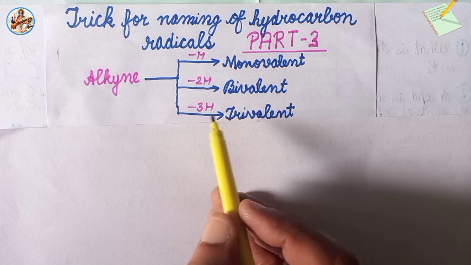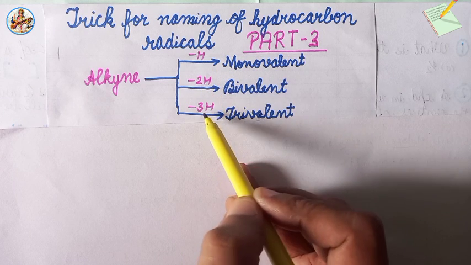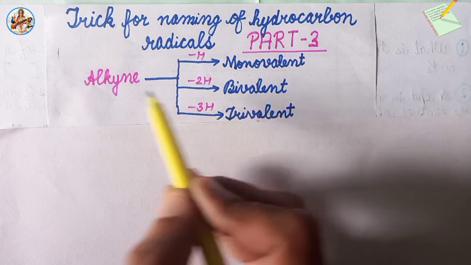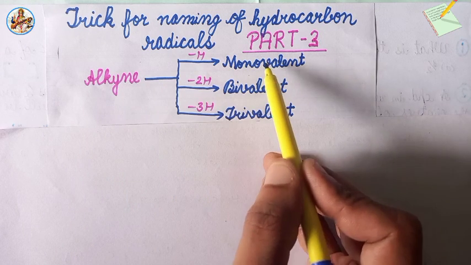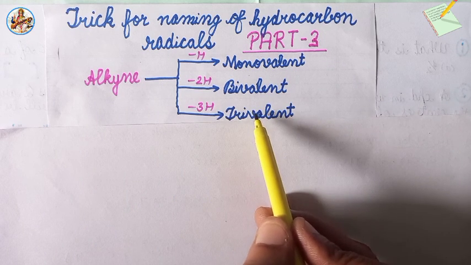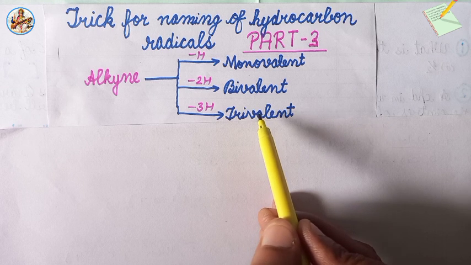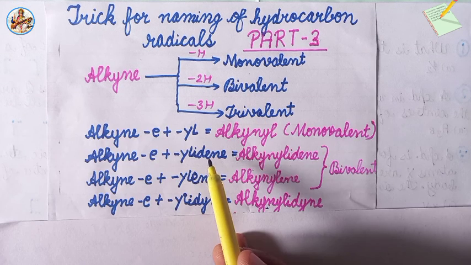Similar to alkanes, when 1, 2 and 3 hydrogen atoms are removed from an alkyne, monovalent, bivalent and trivalent radicals are obtained respectively.